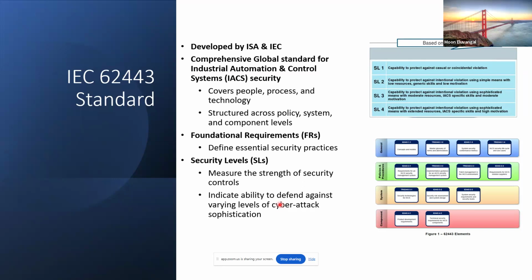Once they do the first part, there is a second part, which is a detailed risk assessment. They take each zone and calculate the SLT, or security level target. They find out what the SLT is for each zone. It may be SL1 for some zones, because the impact may be very low even if it is attacked.